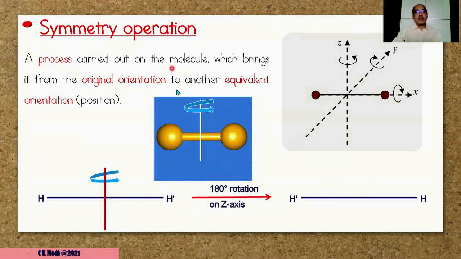Look at this. Suppose I perform symmetry operations on a hydrogen molecule. Hydrogen is a linear molecule, and there are two hydrogens, H and H prime.